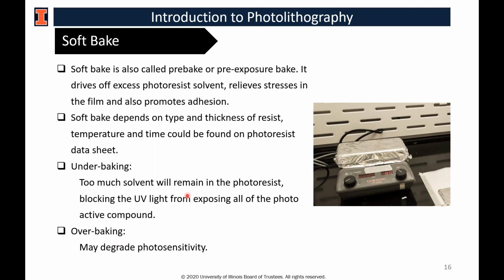If you under bake it, it means that you don't heat it enough, you don't heat it long enough, then too much solvent will remain in the photoresist, blocking the UV light from exposing all of the photoactive compounds. If you over bake it, heat is another type of energy. So the photoresist is absorbing energy, then the photosensitivity may be degraded.